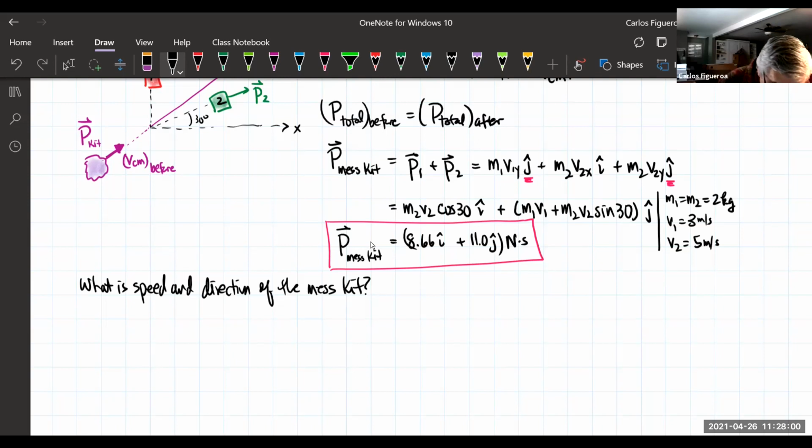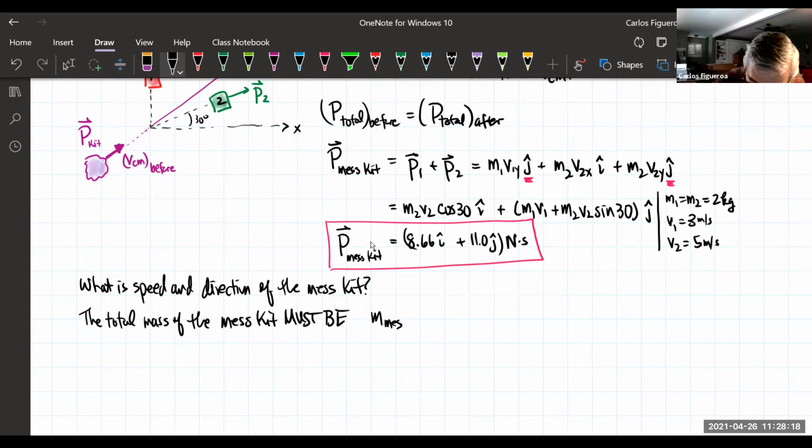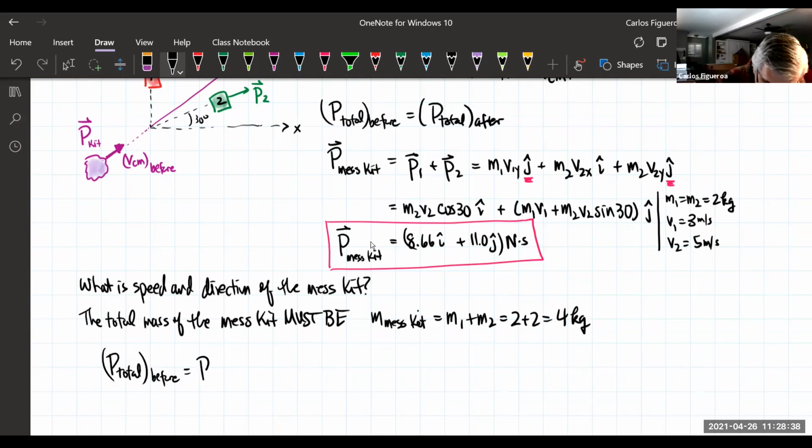So I know that the total mass of the mess kit must be m1 plus m2. So of course that has to be 2 plus 2, which is 4 kilograms. But I also know that the total momentum of the system beforehand does not change, and that should be the momentum of the mess kit.